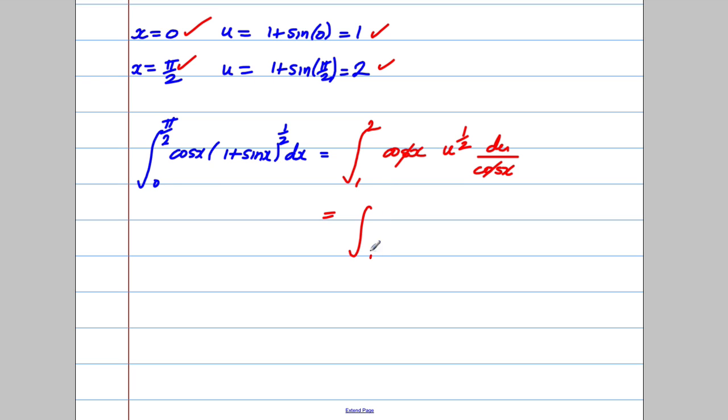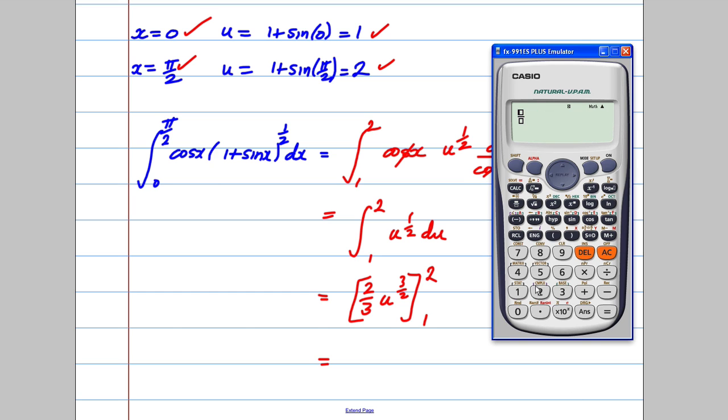So this is the integral between 1 and 2 of u to the half du, which is add 1 to the power and divide, so it would be 2/3 u to the 3 over 2 between 2 and 1. So when I do that, I can get the calculator out.